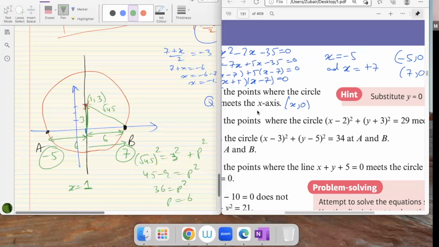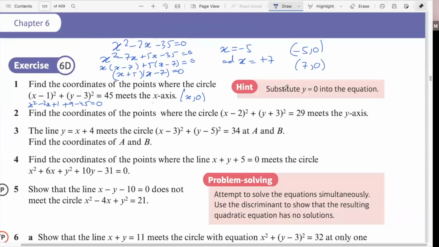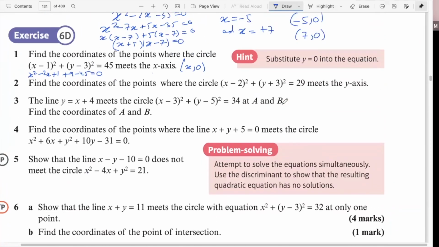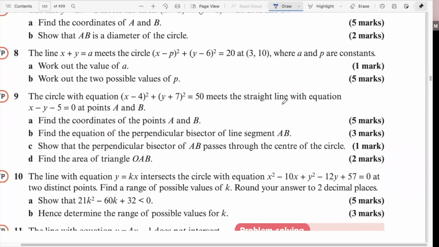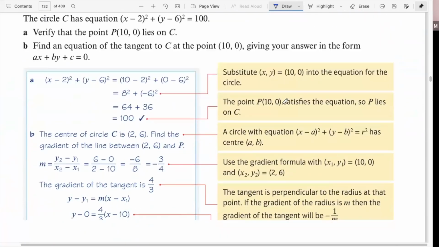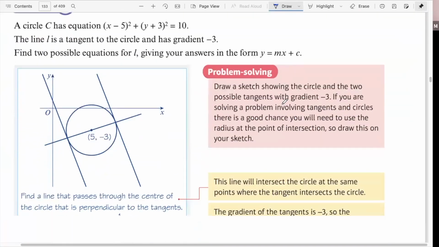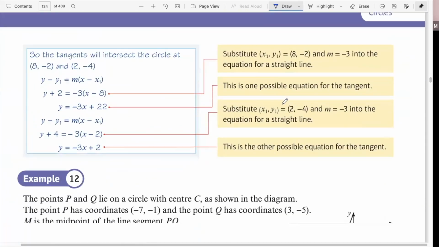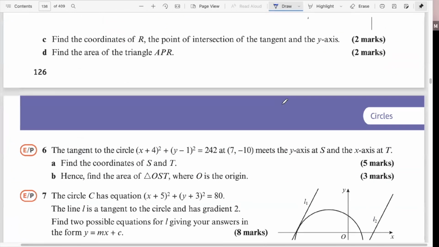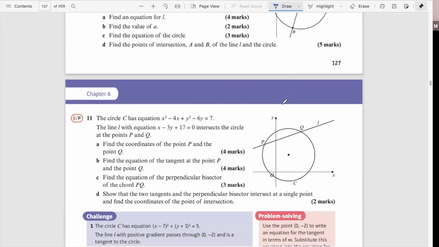And this will only click in your mind if you've already practiced it. So go through exercise 6C and 6D, and we'll discuss problems tomorrow, then move ahead.